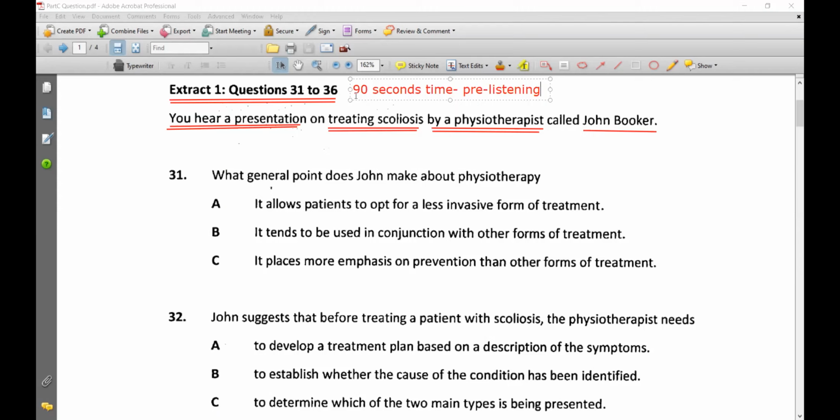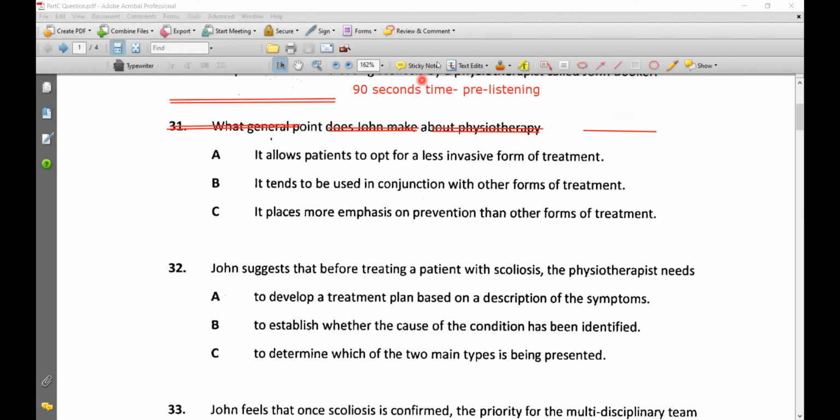The first thing, as I said, is we pay attention to the context sentence: who the speaker is and what the topic is, to identify a general idea. After that, you start reading each question and try to identify the idea specific to that portion of the talk.